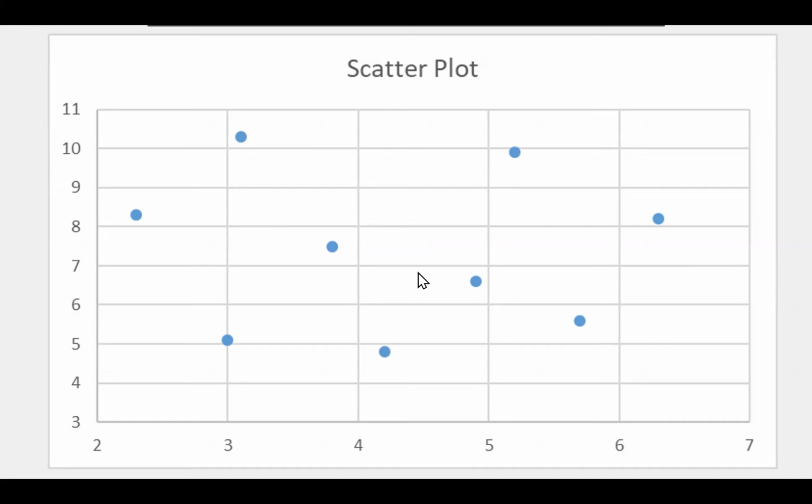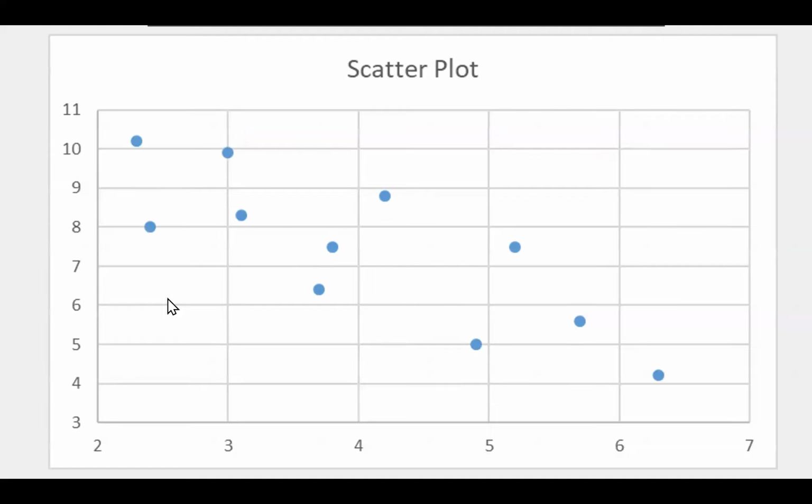I would guess that the R value here is pretty close to 0. Maybe it's a 0.1 or negative 0.1, but I bet you that R value is pretty close to 0. So in this scatter plot, the Pearson correlation coefficient should be pretty close to 0.